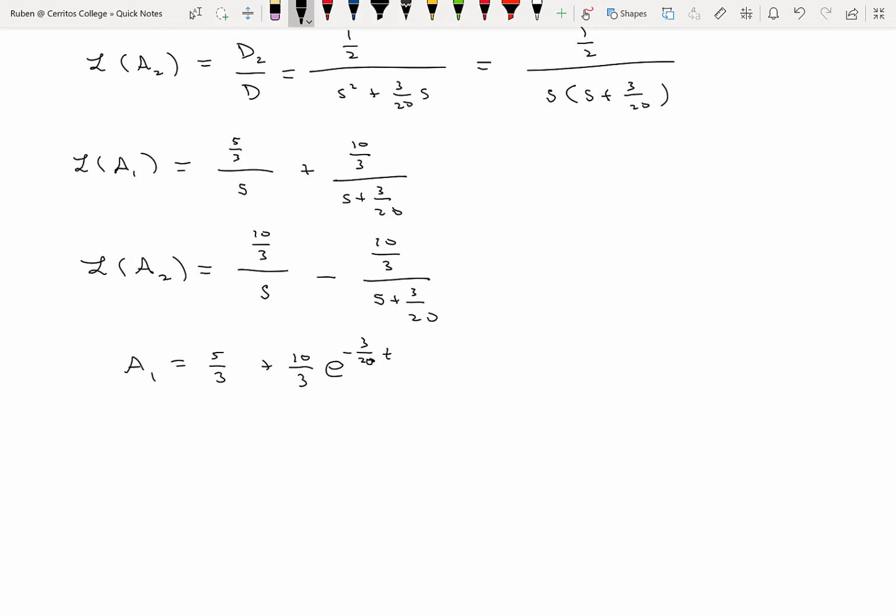Such a nice, simple inverse Laplace transform here. And the second one also: the inverse Laplace transform of 10/3 over s is 10/3, minus 10/3 times e to the minus 3/20 t.